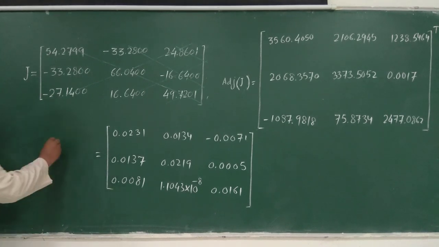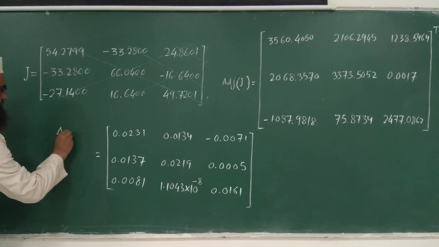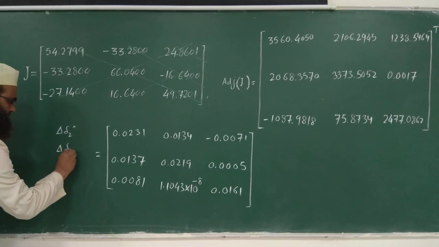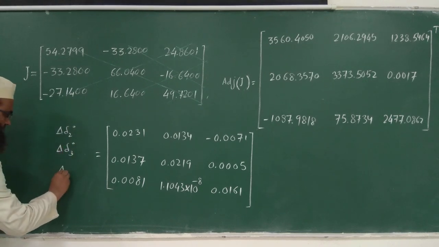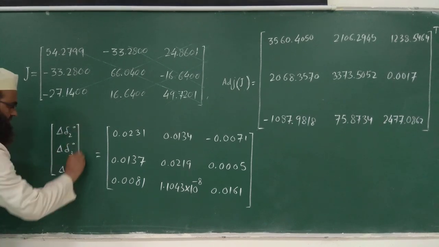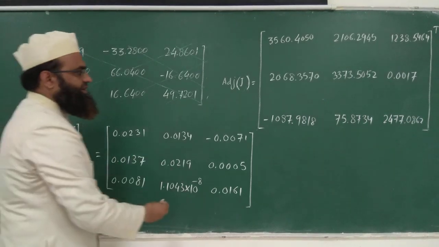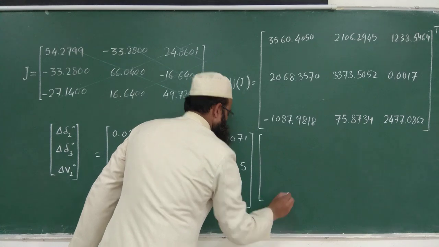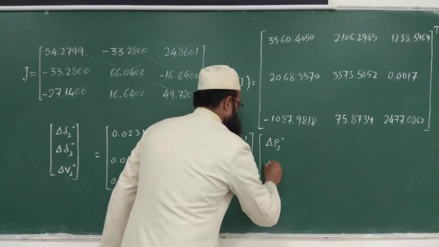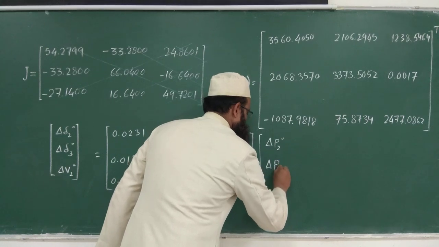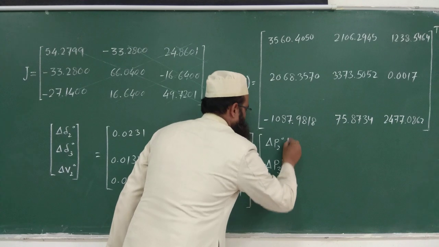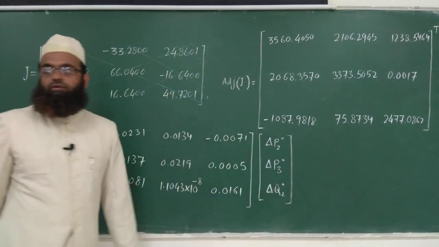So we have the values of our unknowns del delta 2 0, del delta 3 0, and del V2 0 as inverse of J times del P2 0, del P3 0, and del Q2 0, isn't it?